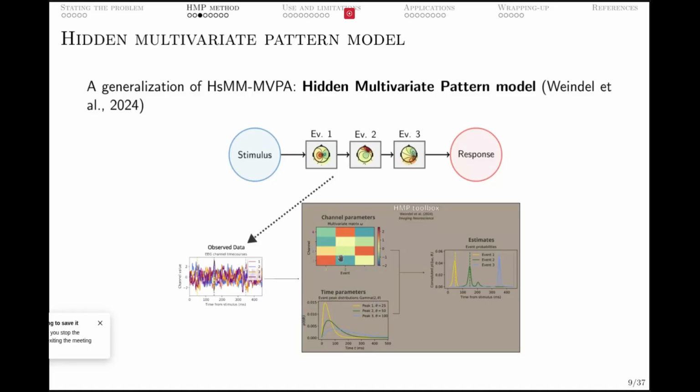But the idea is that if we know how the events are represented in the electrode space, and if we know when they likely happen in that interval, then we can reconstruct an estimation of where things happened in time at the trial level. So that's quite a strong claim and a hard goal. I'm going to show you the assumptions and how the method works, and therefore also allow you to have a better understanding of what this method can and cannot do.